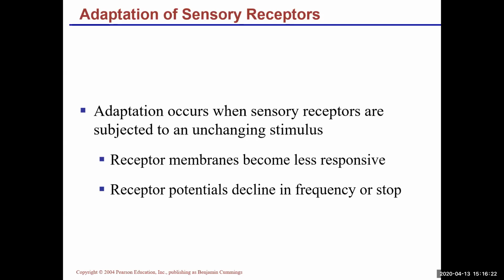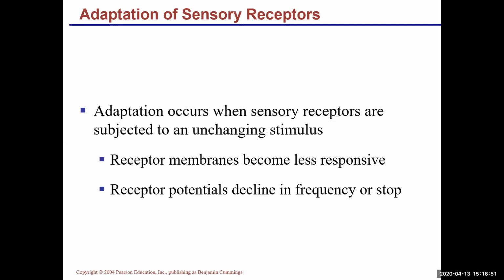This is called adaptation. Mechanoreceptors, one of the major capabilities of adaptation occurs in our mechanoreceptors. You put on your clothes, your rings, your earrings, you feel that object touching your skin, but very soon it's like part of your body. You don't even feel it anymore. These are all adaptation.